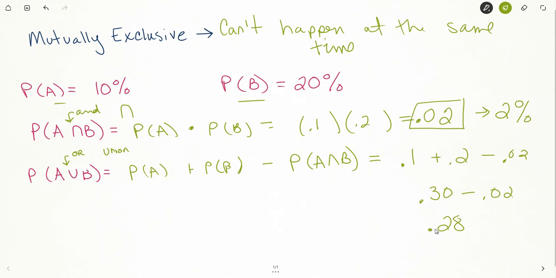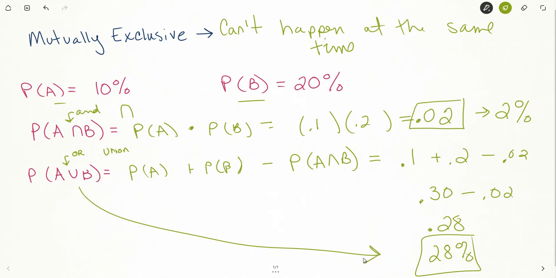So 30% minus 2% is 28%. There's a 28% chance for either A or B to happen.